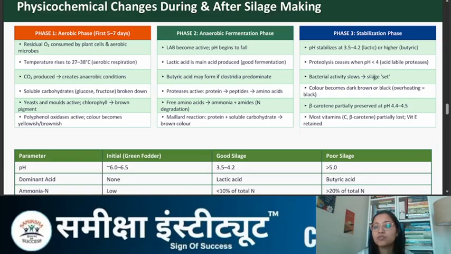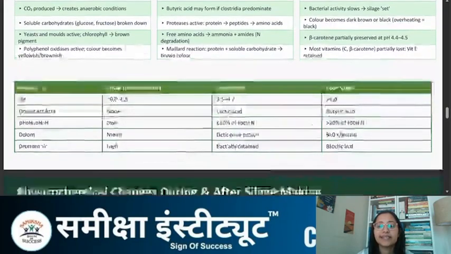Bacterial activity also slows when the silage is set and reaches the stabilization phase. Color becomes dark brown or black when there is overheating, which should be avoided. Beta carotene is partially preserved. Most vitamins, vitamin C and beta carotene, are partially lost, not much, and vitamin E is basically retained.